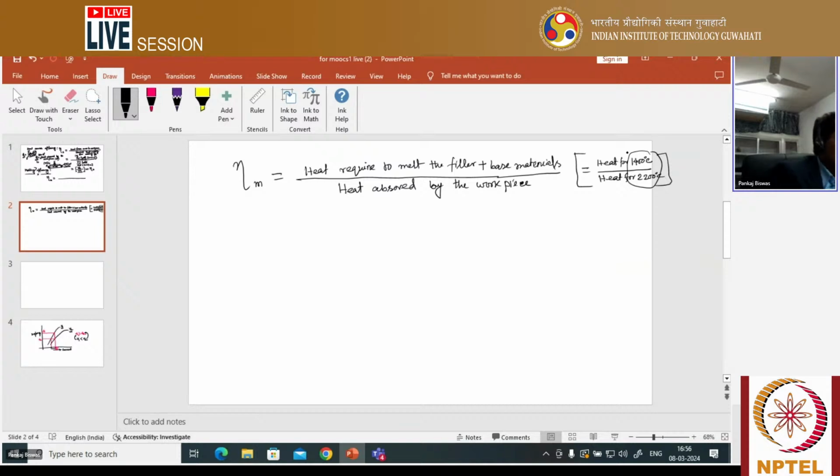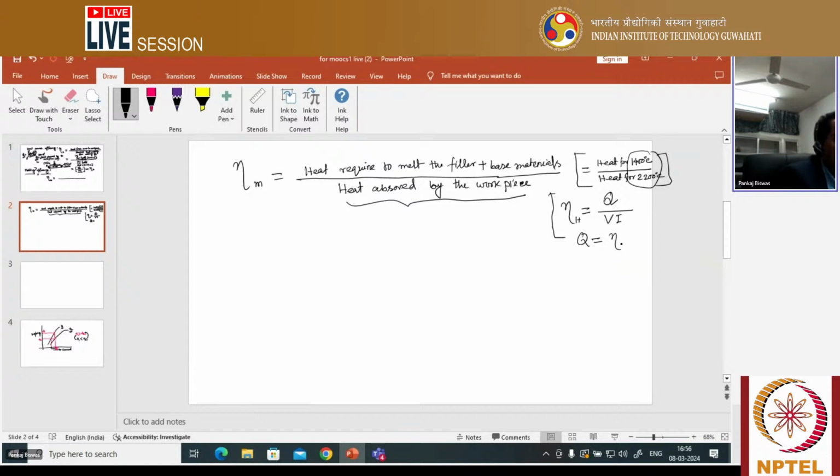Okay. So generally the heat absorbed by the workpiece you can get from the heat source efficiency eta. I have already told you eta is equal to Q divided by V into voltage into current. Here Q is called the heat absorbed by the workpiece.